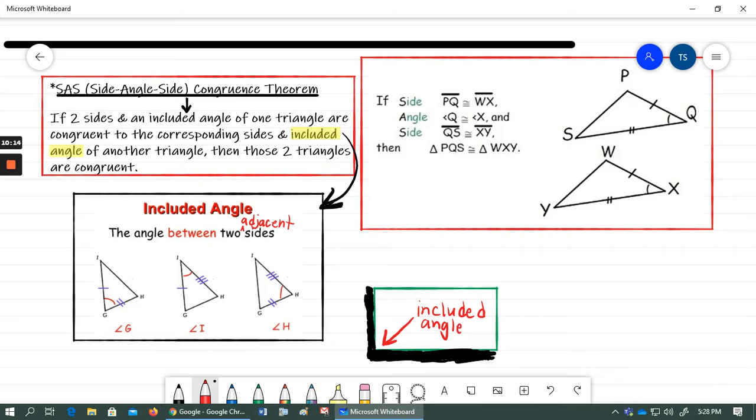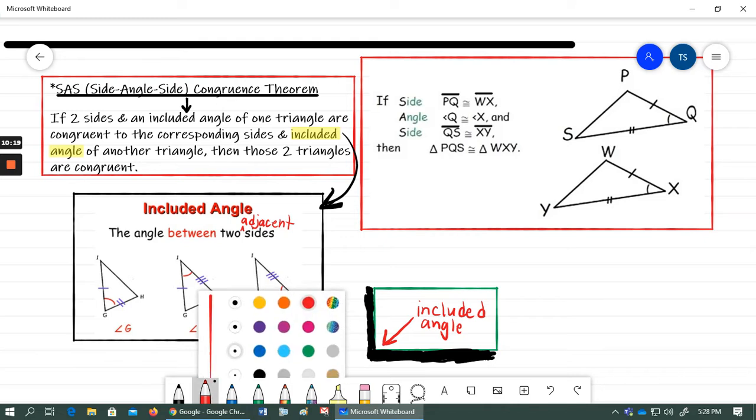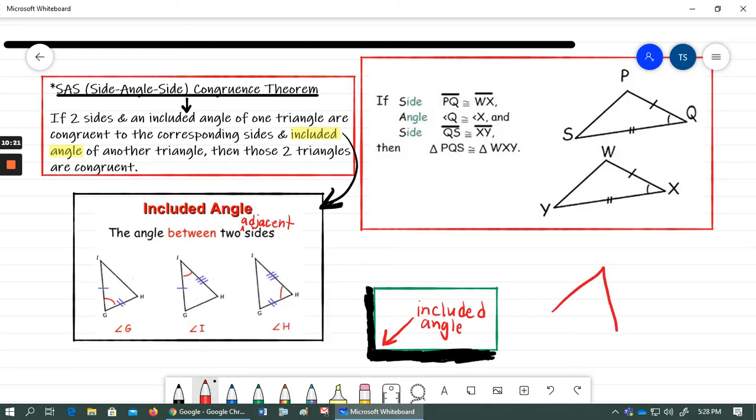Right? So it's the same way in a triangle. Okay? The exact same way in a triangle. If you got yourself two sides that have been identified in a triangle, like this one and this one, and you want to state which one is the included angle, or if you needed to know which one was the included angle, it would be this angle right here.